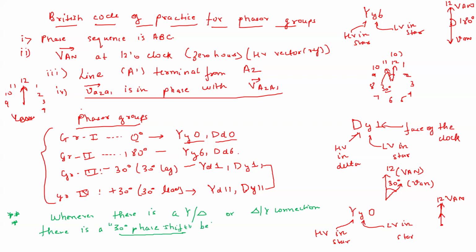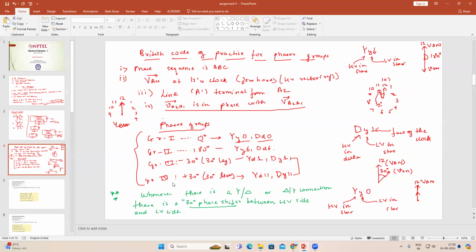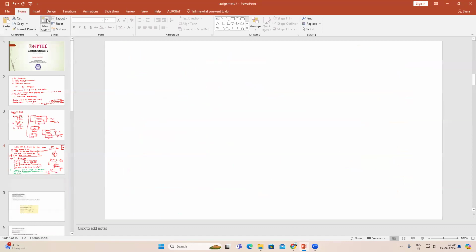Okay, so this is very important. That is why in group 3 and group 4, which are the 30-degree groups, we only have YD and DY, star delta and delta star transformers only.